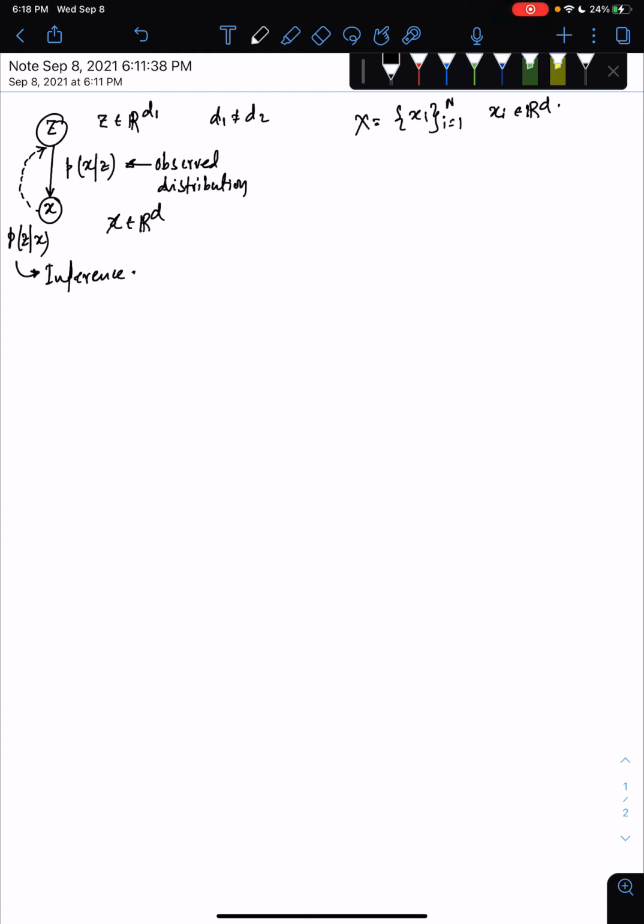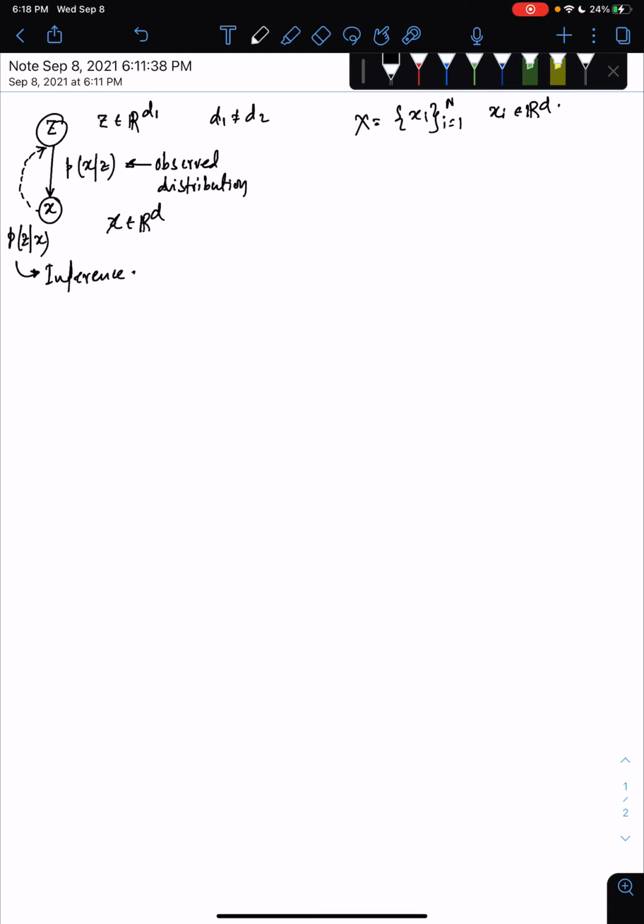So our main job is to estimate two things. First, we want to estimate this particular inference, or as this is an unsupervised setup, we want to estimate the density of the data points.